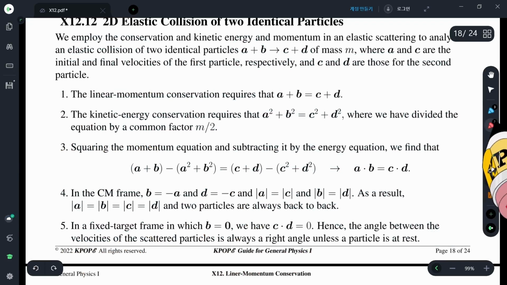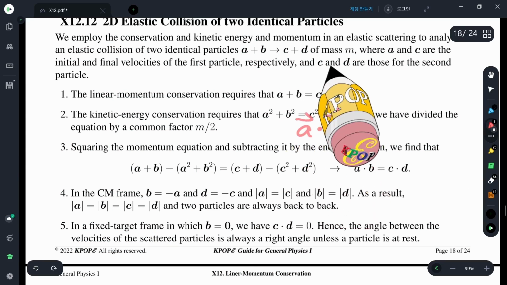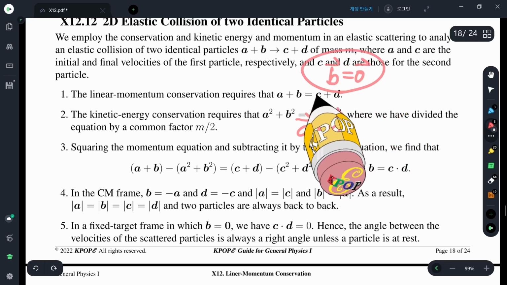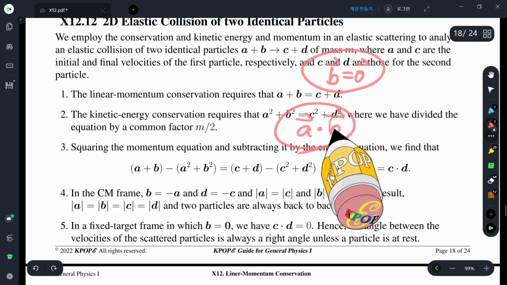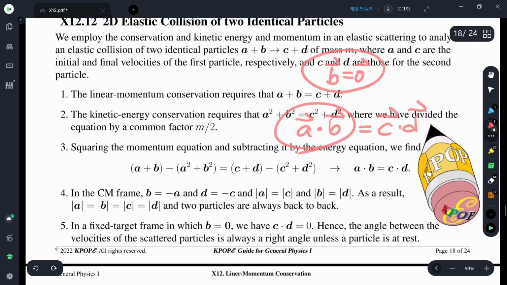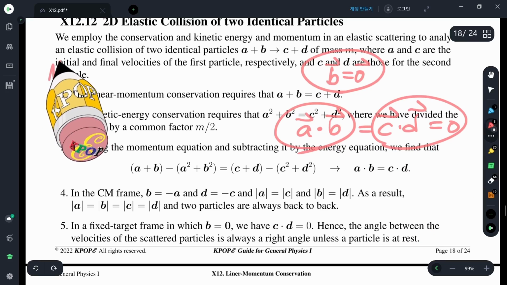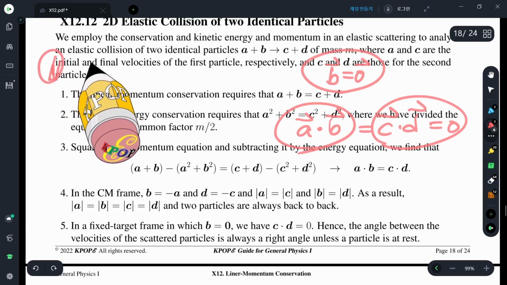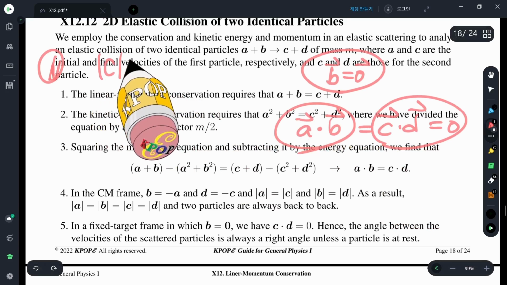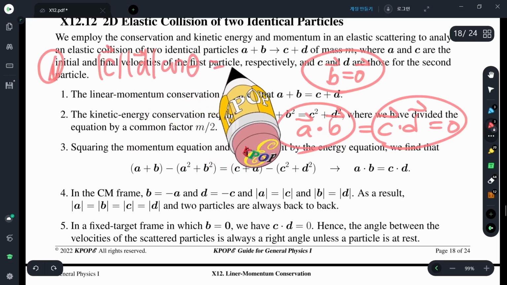In a fixed target experiment, we have the target stationary, so a dot b is always 0. So c dot d is always 0 too. Because c dot d equals 0, c d cosine theta equals 0.